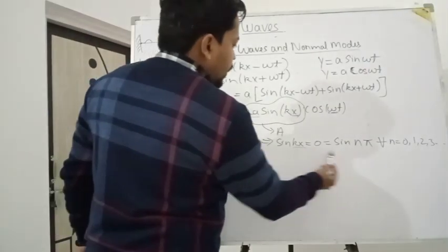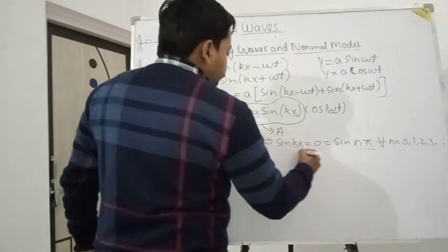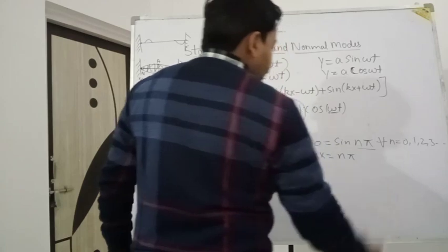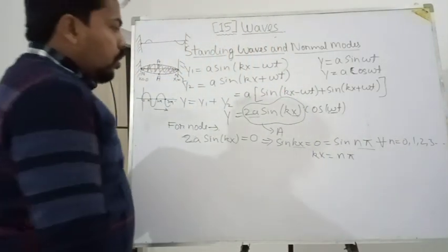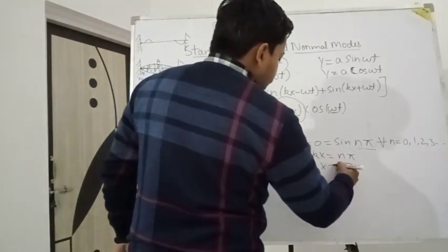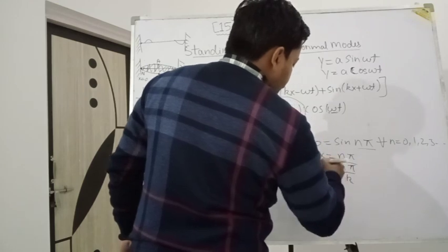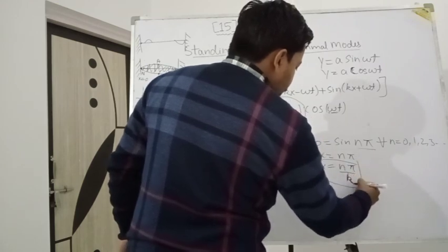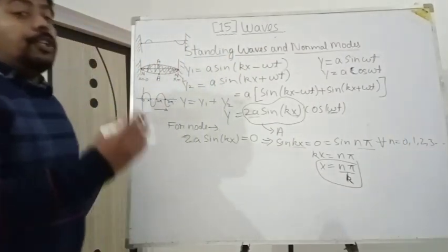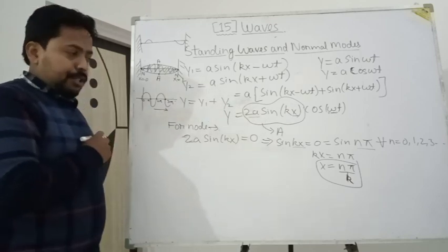If we compare the theta values, we get kx equals n pi. From here we get the value of x, the position of the node, as n pi upon k. That means in terms of this propagation constant and this integer, we can decide at which points the nodes will be positioned in the entire string.